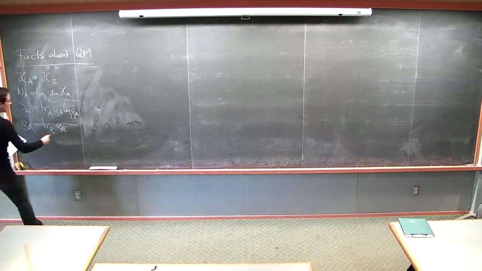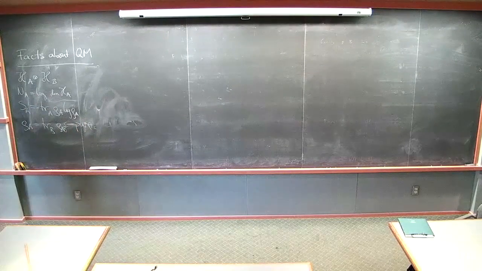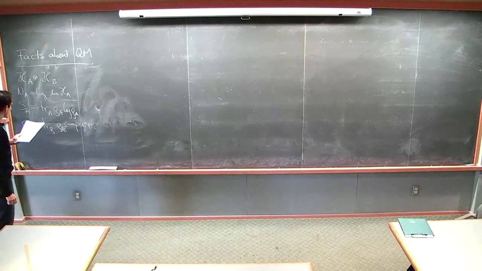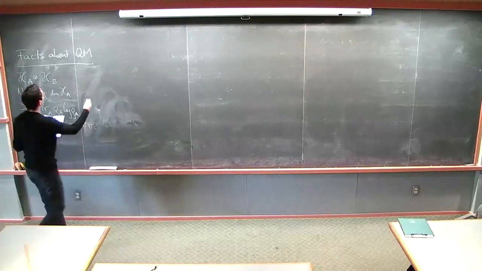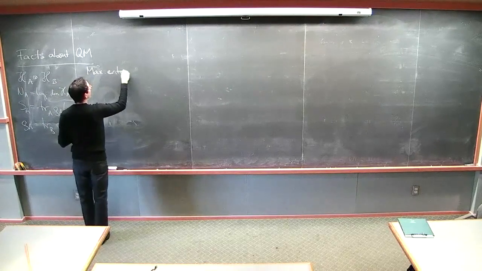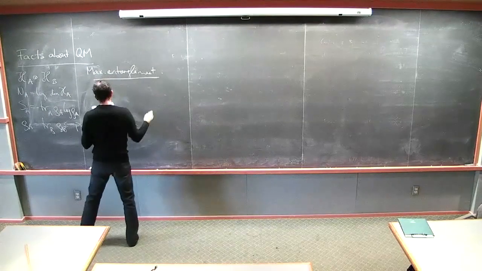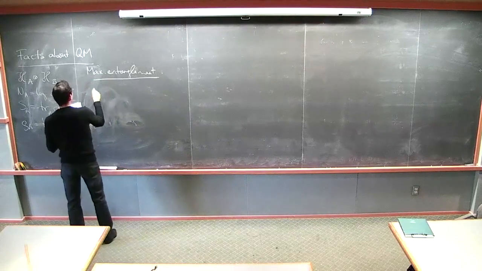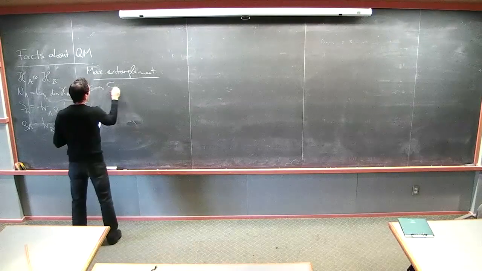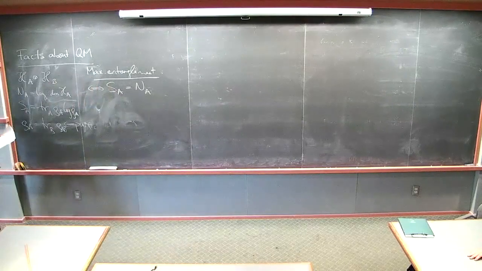Now let's assume right now that rho_AB is pure. In that case, I'm going to give the following definition for maximal entanglement. Maximal entanglement means S_A equals N_A.